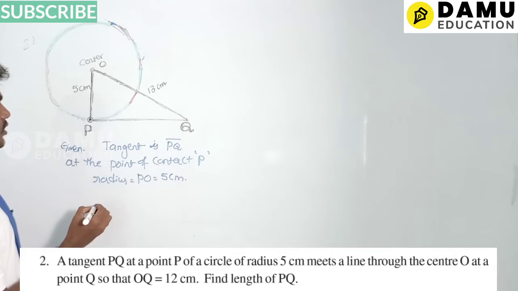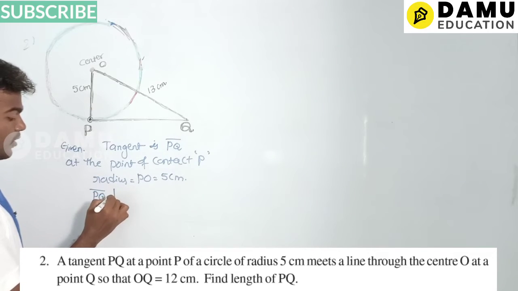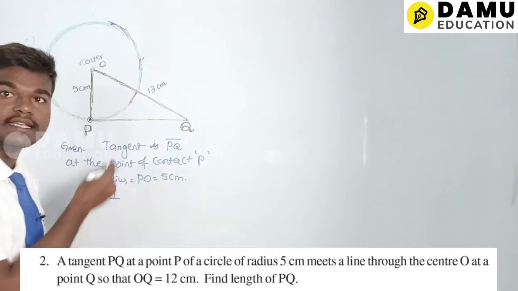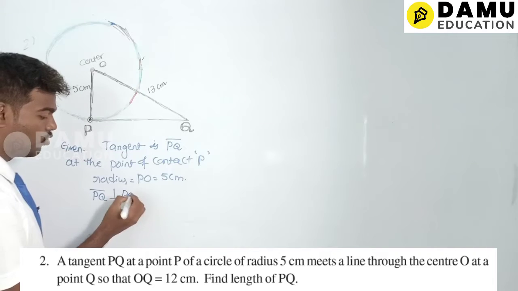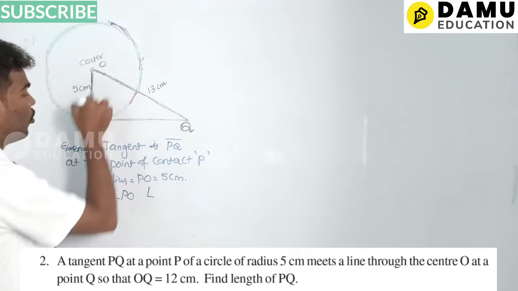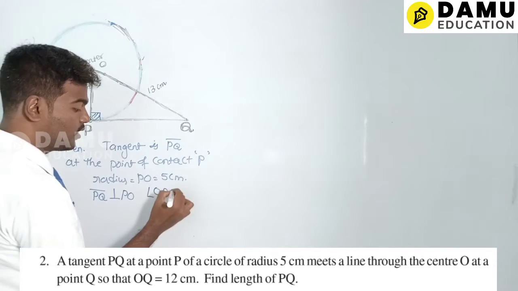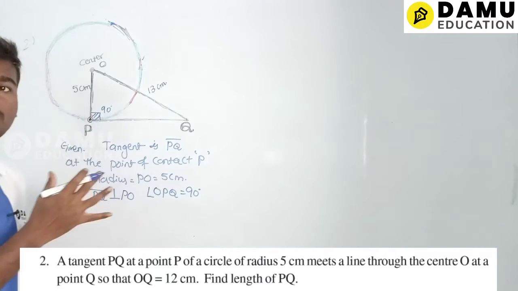The perpendicular symbol is a reverse T, so we write PQ is perpendicular to PO. That means angle OPQ will be equal to 90 degrees.